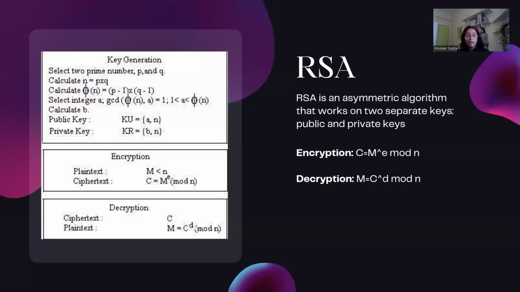To decrypt, the recipient raises the ciphertext to the power of the private key D modulo n, which recovers the original message.